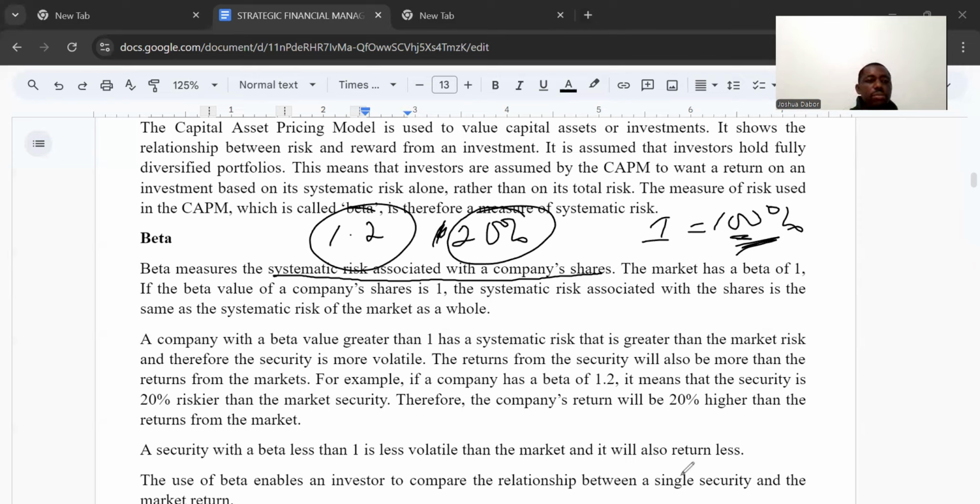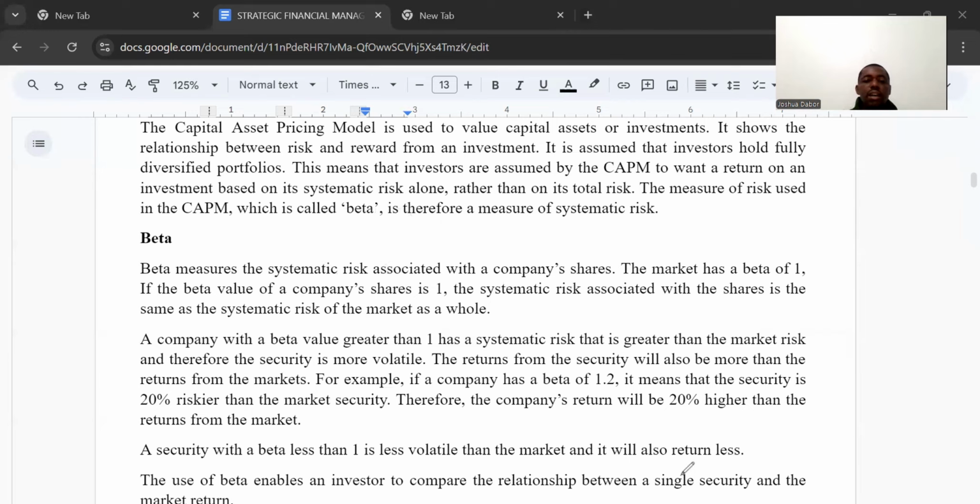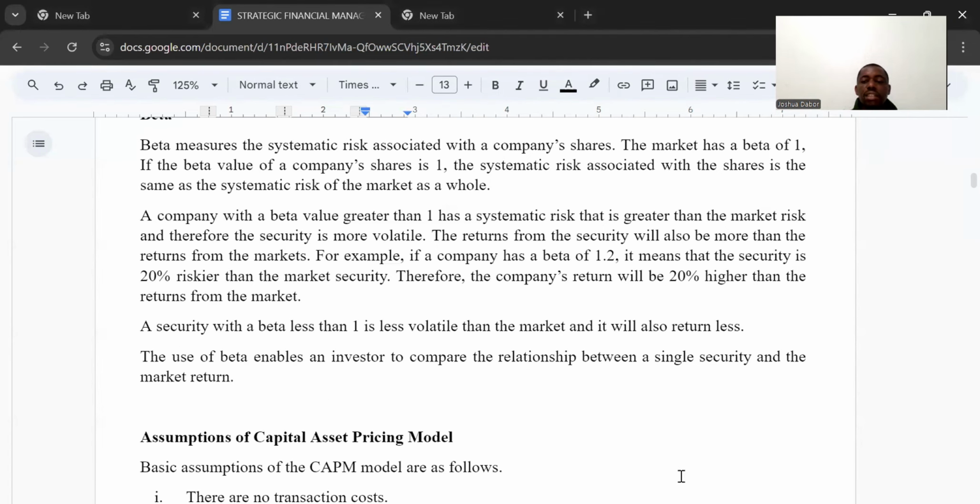But for a company that has a beta factor that is less than 1, it means that the company is less volatile than the market, and the company is expected to return what? Less than the market. So for instance, a company beta is 0.8 or 80%, while we say the market is always what? 100%.